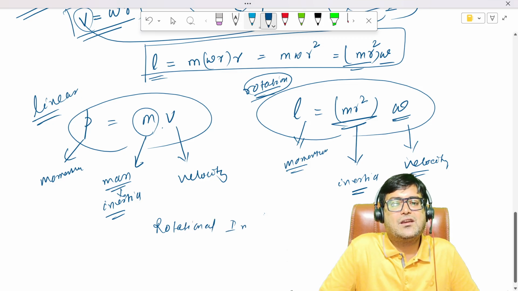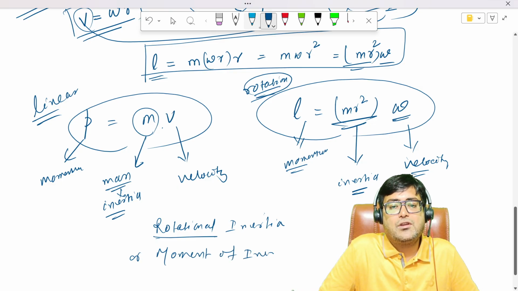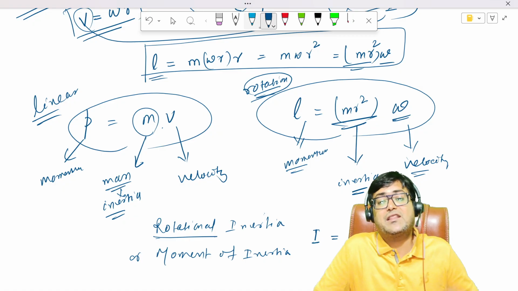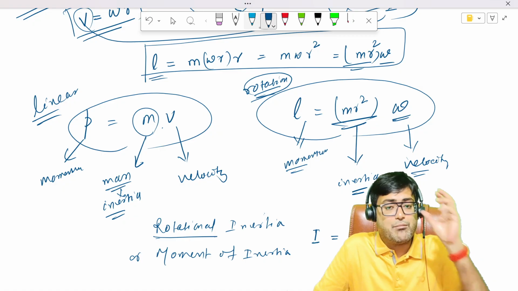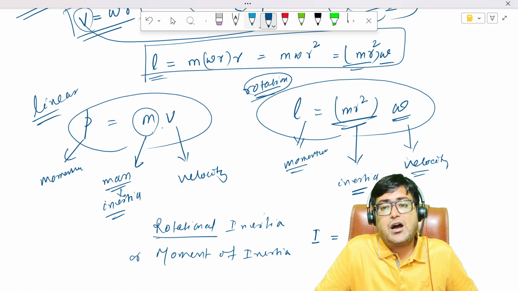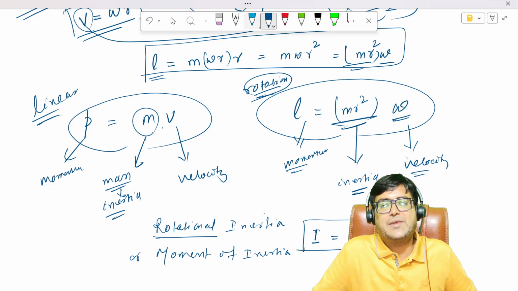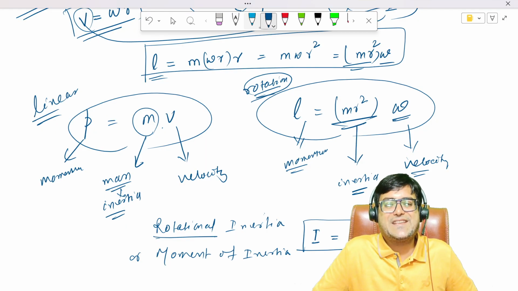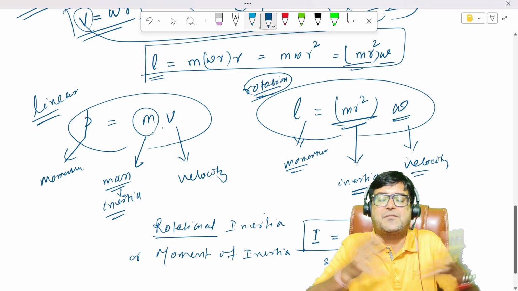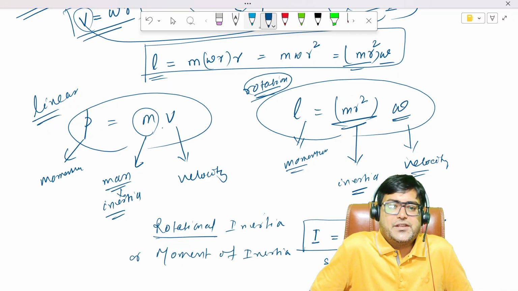And as I said, rotation means moment, so rotational inertia is also called moment of inertia, right? It's given a symbol I, and for a particle moving in a circle of radius r having a mass m, it's going to be m r squared. Clear? The unit is kg meter squared. It's a scalar, just like mass. It doesn't have any direction, so it just adds and subtracts like normal scalar quantities.